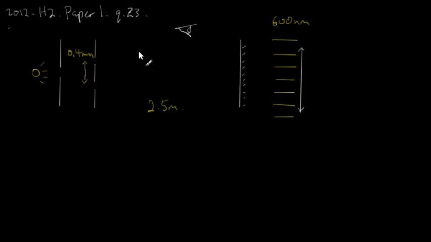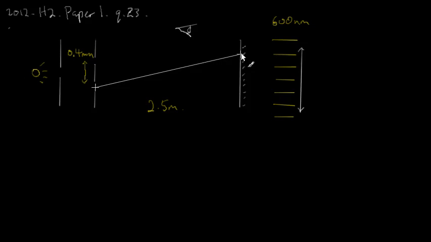It will spread out from each of the slits like ripples on the ripple tank, and they would interfere. When they meet, they will interfere and give interference fringes and patterns like this. So at a certain point on the screen, for example, they will either interfere constructively or destructively.